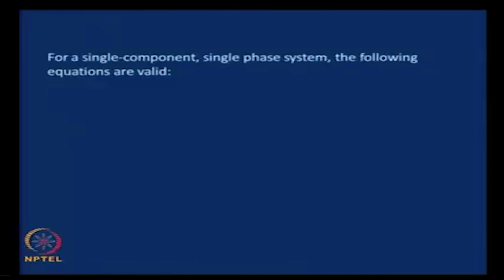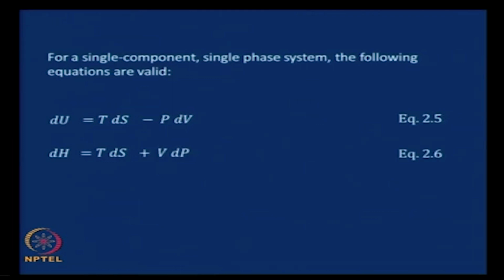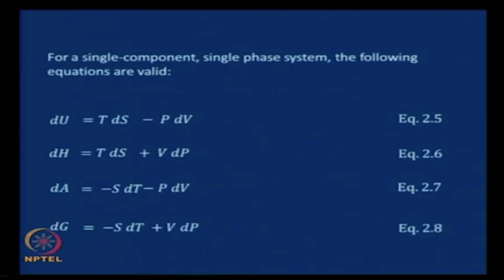For a single component, single phase closed system, the following equations are valid, which we just derived. dU equals TdS minus PdV, this was our equation 2.5. dH equals TdS plus VdP, equation 2.6. dA equals minus SdT minus PdV, equation 2.7. dG equals minus SdT plus VdP, equation 2.8.